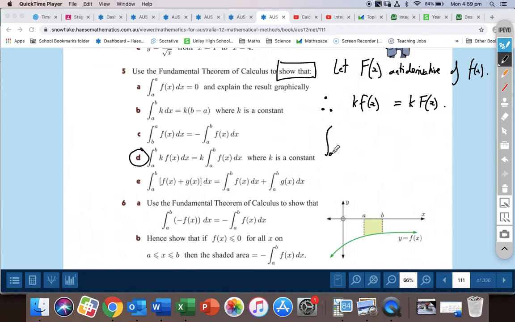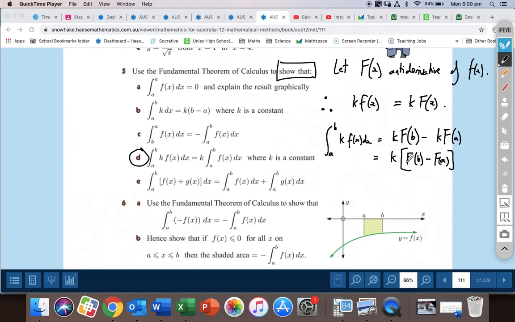We've got the integral from a through to b of k f of x dx. We're saying that would be k capital F b minus k capital F a. All right, pull the k out as a common factor. And what are you left with inside of the larger brackets?